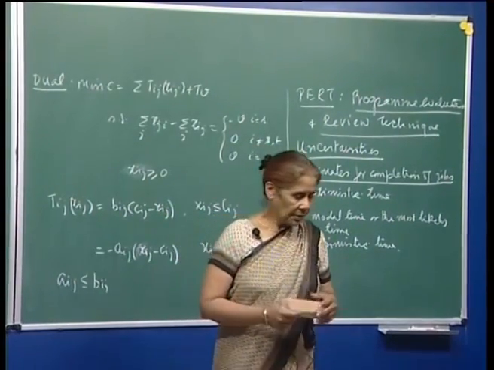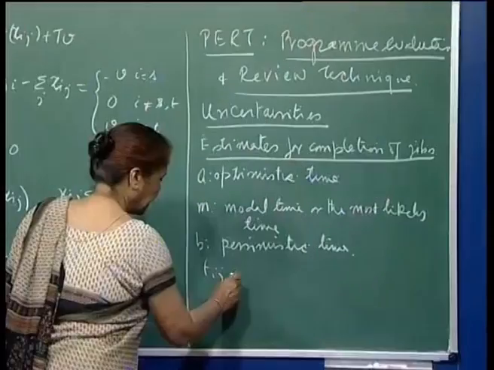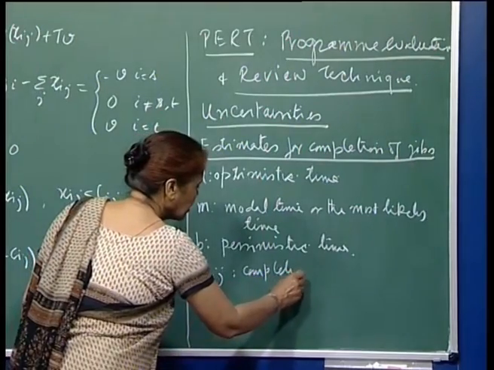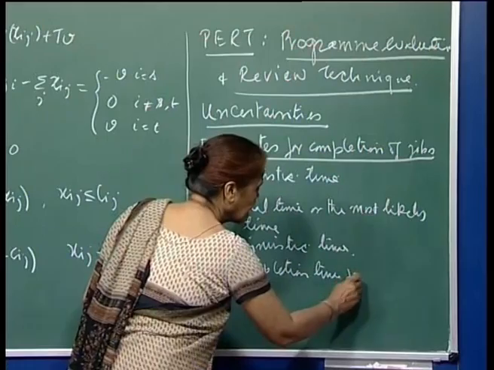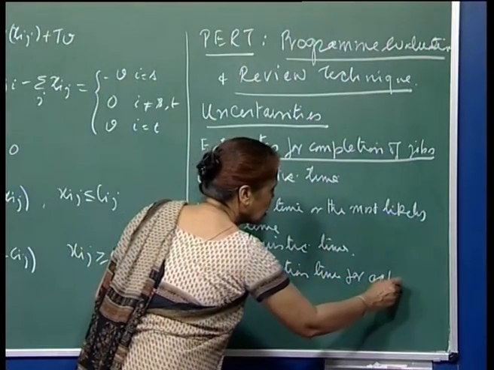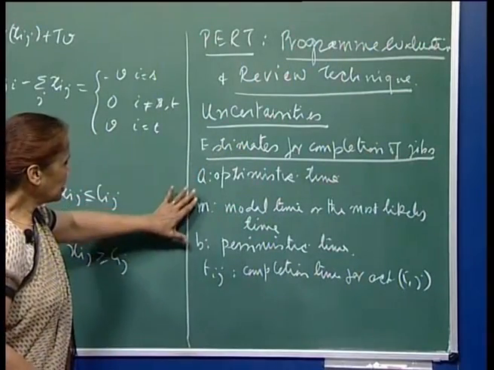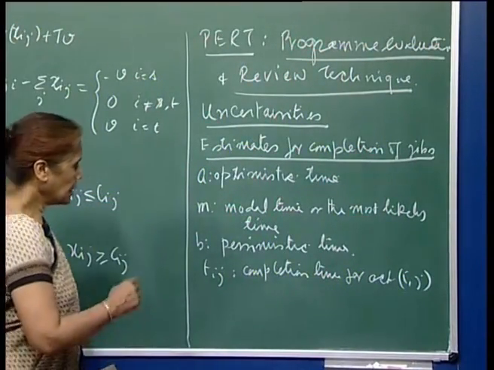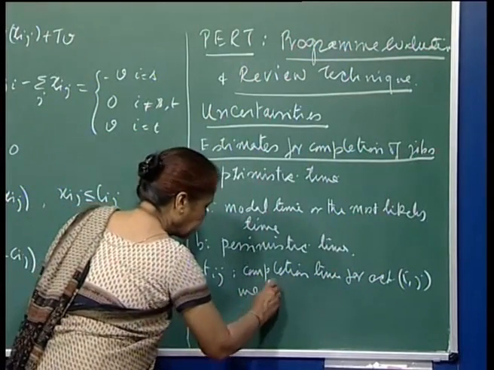So, Tij is the completion time for activity ij. Accordingly, these three numbers will be Aij, Mij, Bij for activity ij. If Tij denotes the completion time for this activity, then we treat it as a random variable.